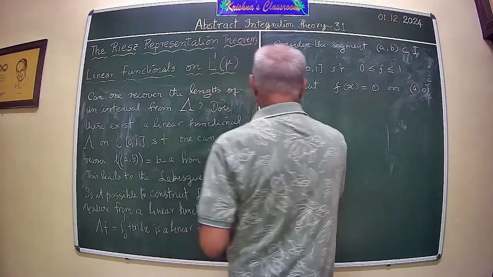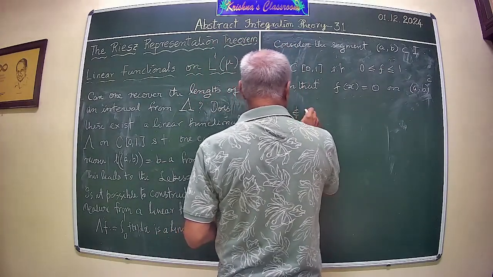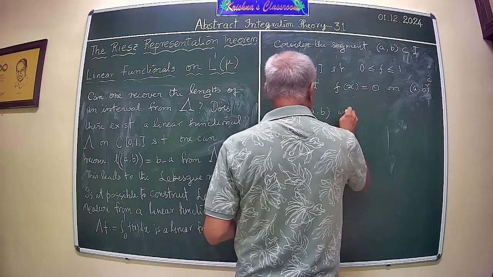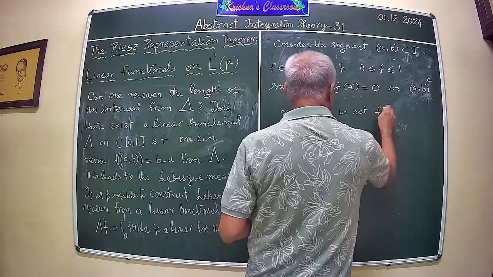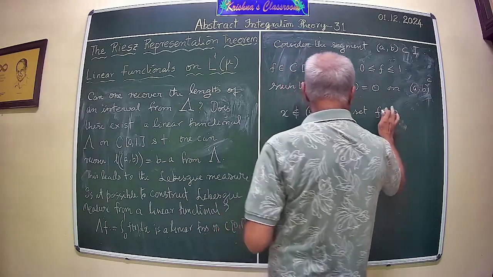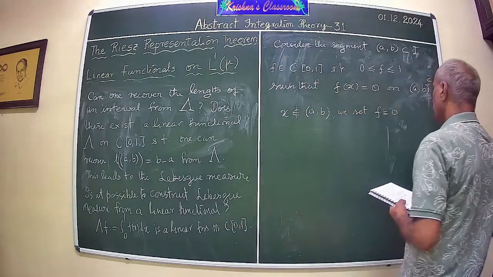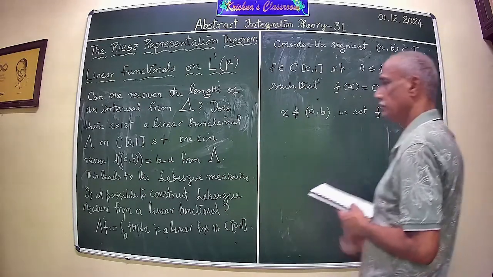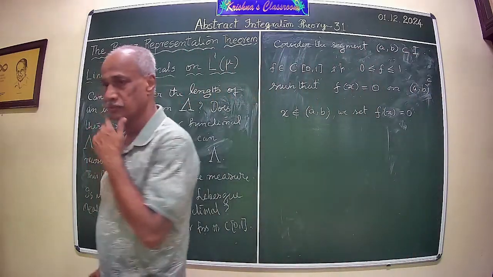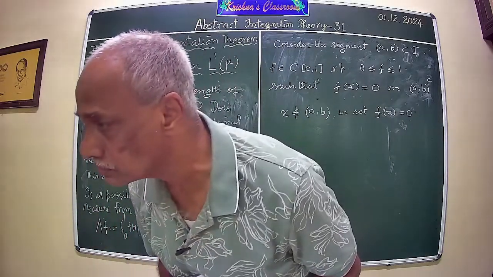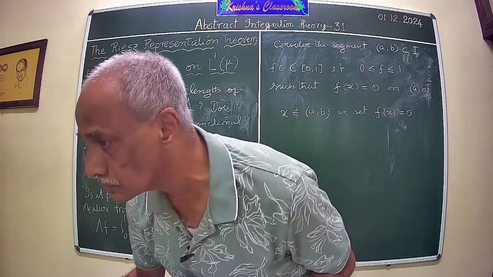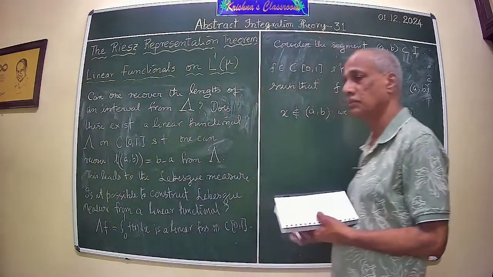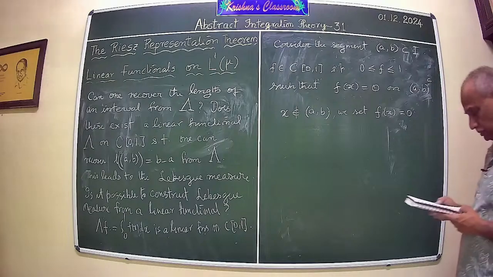That means whenever x does not belong to AB, f of x equals 0.